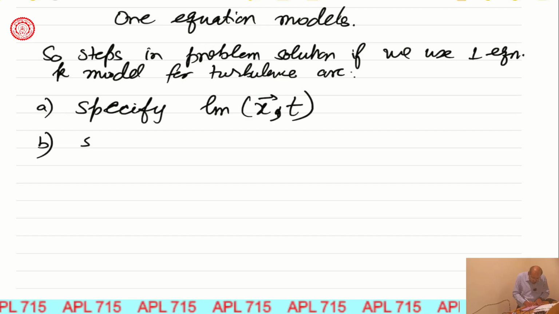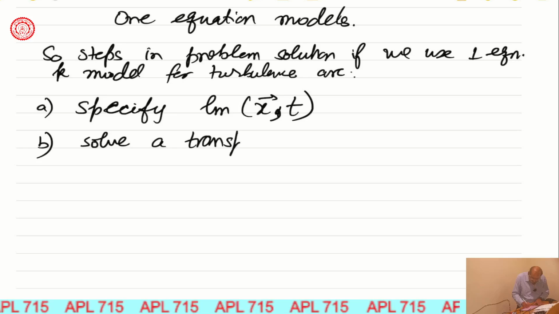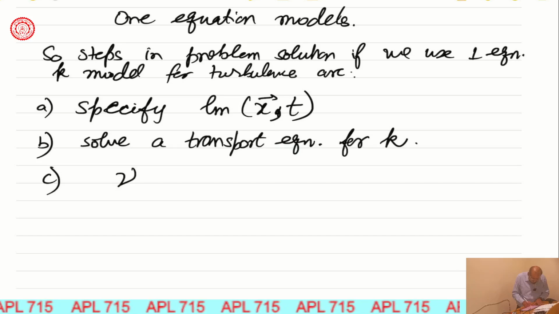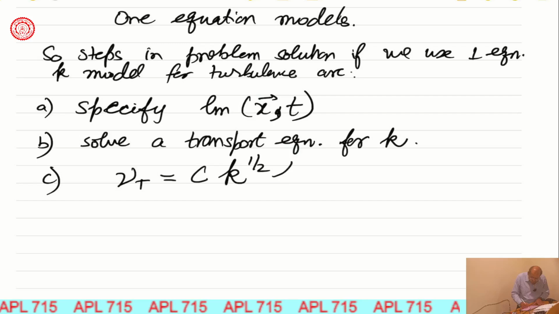Second step, we solve a transport equation for K. And then we put nu-t equal to C times K to the power of half times Lm.